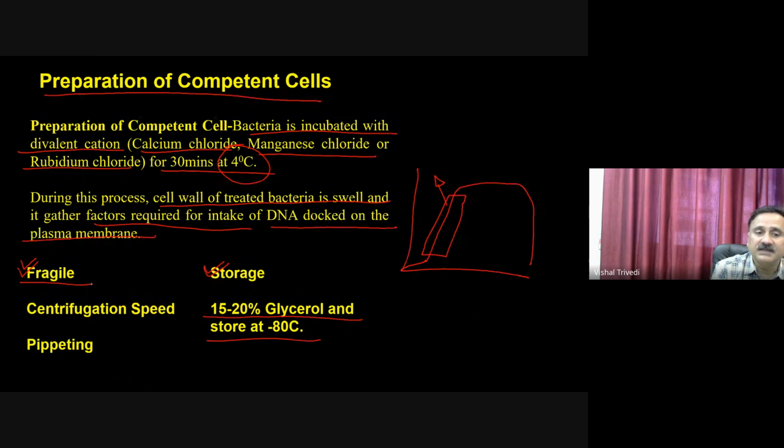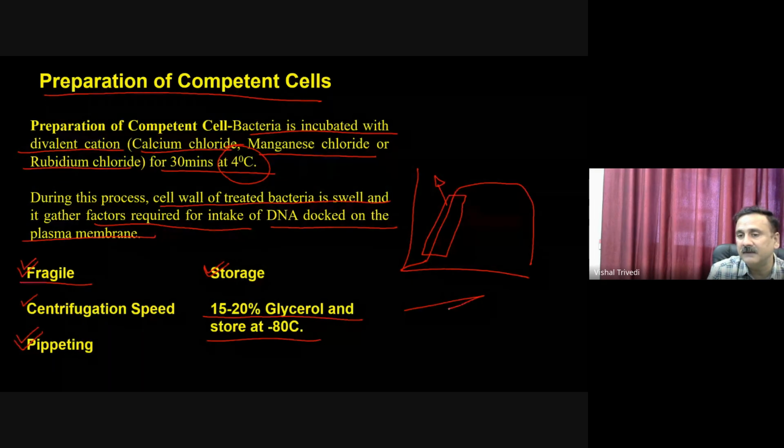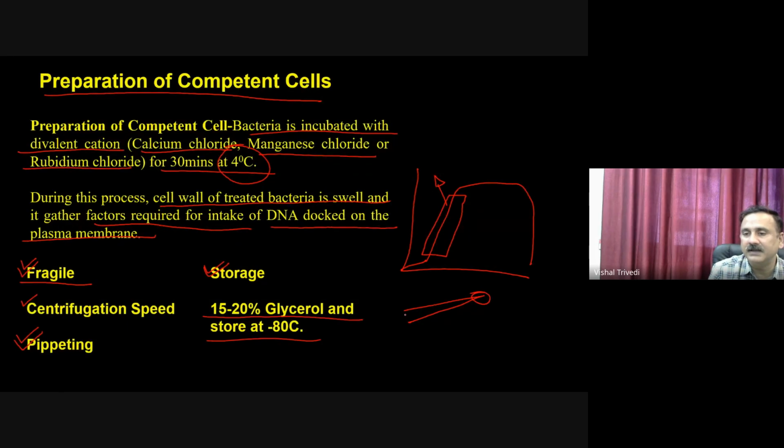Because they are very fragile, you have to do the centrifugation at a very slow speed, and the pipetting also has to be done with a cut pipette. Remember that every pipette has a tip, right? And these tips are very pointed at the end. So when you are dealing with competent cells, the tips have to be cut at the front so that the bore you use is not that thin, so that the E. coli cells do not experience any kind of shear stress.